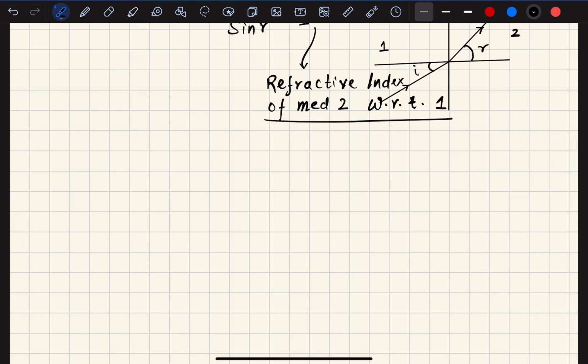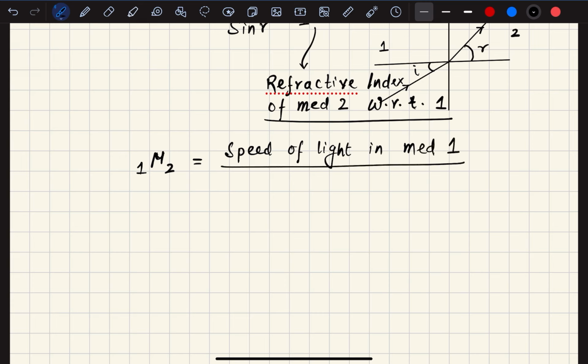It can also be defined like this: 1 mu 2 can be defined as speed of light in medium 1 divided by speed of light in medium 2.